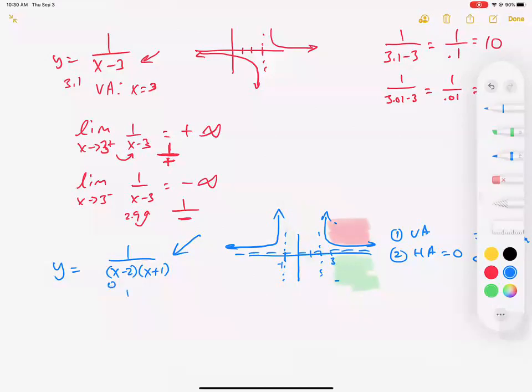If I plug in 0 and 0, we end up with 1 over -2 and 1 over +1. That gives us 1 over -2. We're down here. So we know the graph is going to go this way.